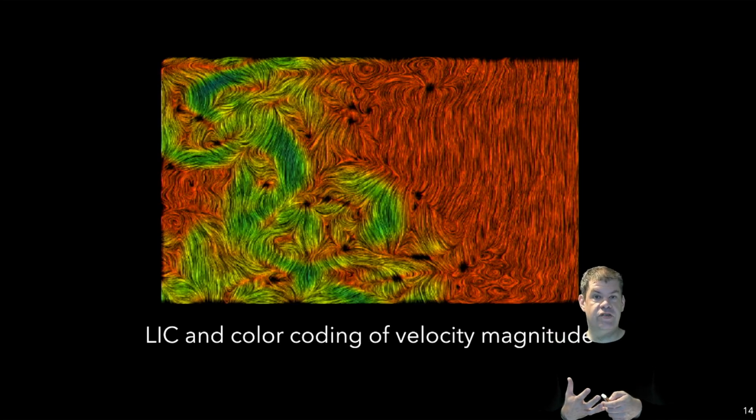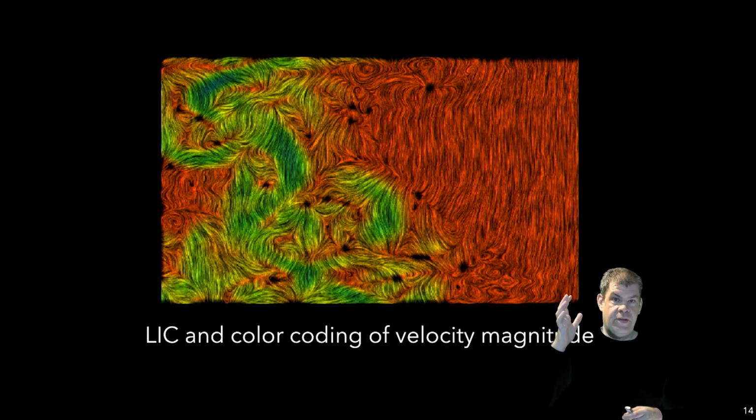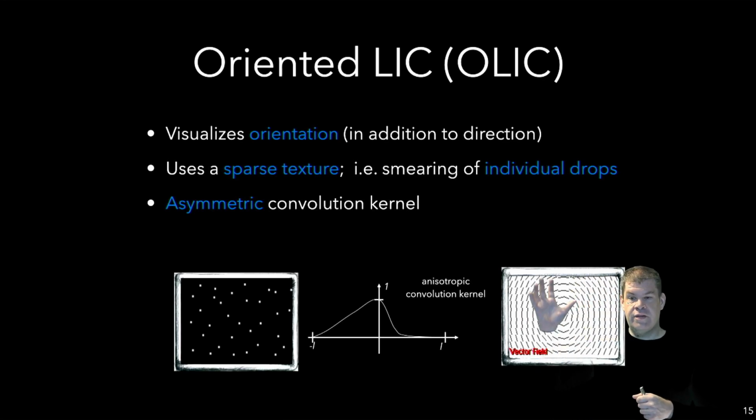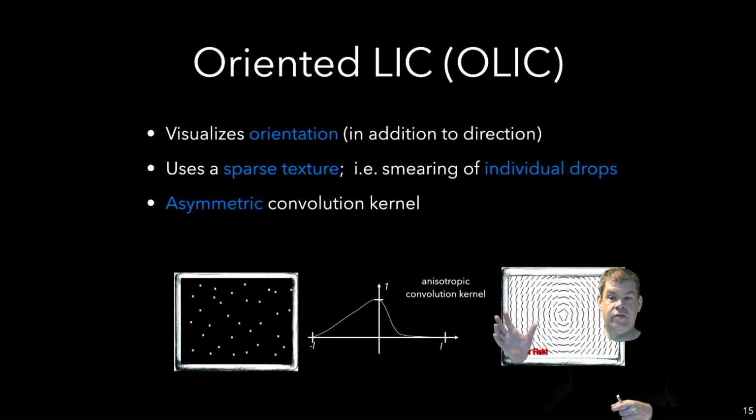Another interesting addition to lick is, in particular, to get rid of this loss in direction information. You can do what's called OLIC, oriented lick. The idea of oriented lick is to use an asymmetric kernel. Now we're using one.